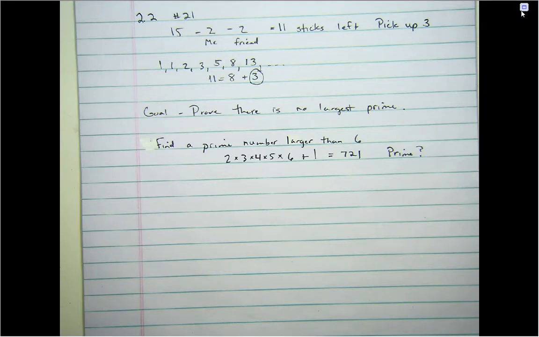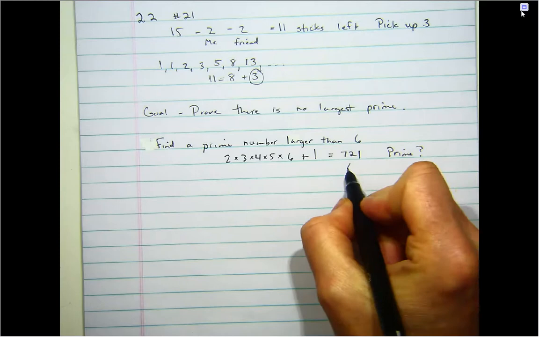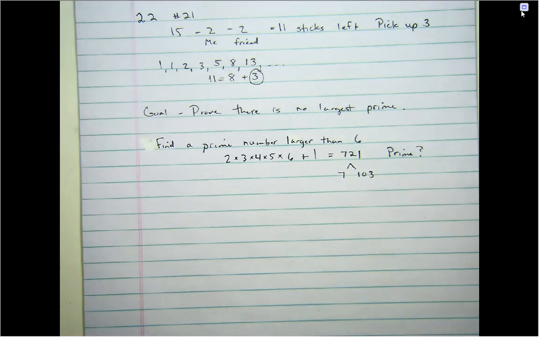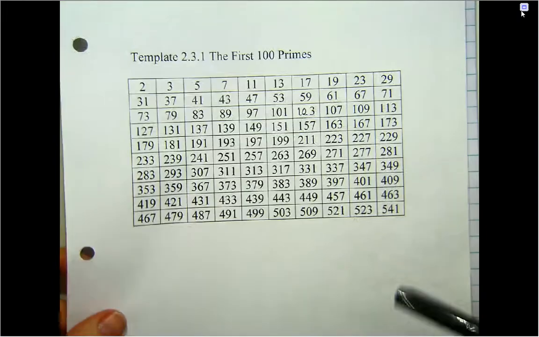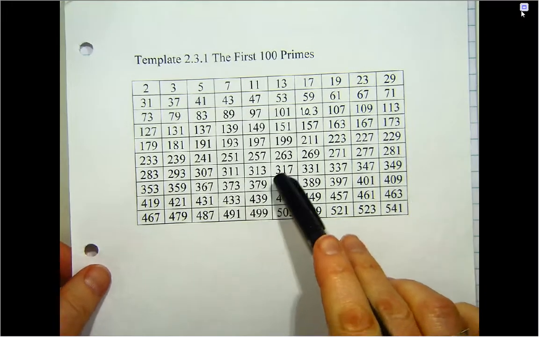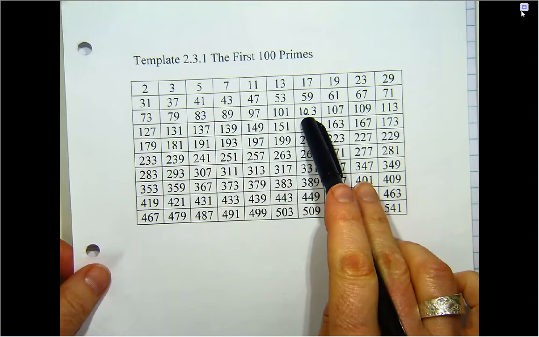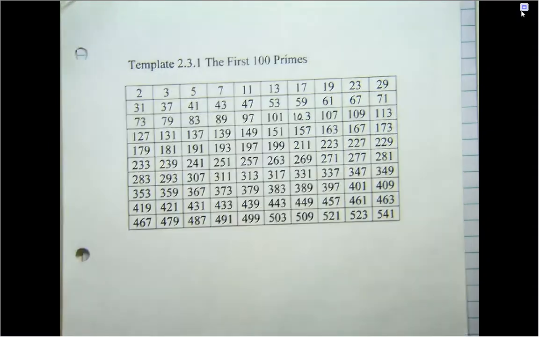Is it divisible by 7? What do you get? 103. 7 times 103. Thank you. And 103, today I brought my list of the first 100 primes, so I can save a little work here. 103 is prime, so I don't have to keep factoring there.